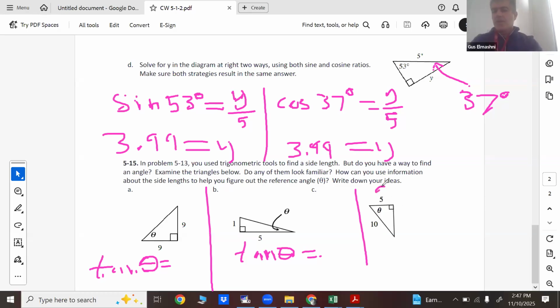Because this is adjacent clearly, and 10 is the hypotenuse. Close. Yeah, good. Cosine theta equals 5 over 10. This one's tan theta equals 1 over 5. And that's 9 over 9.